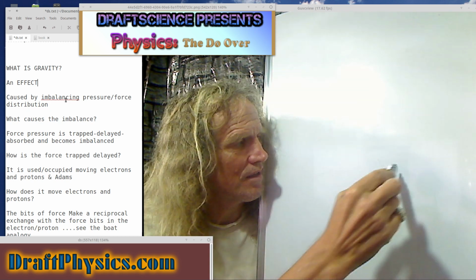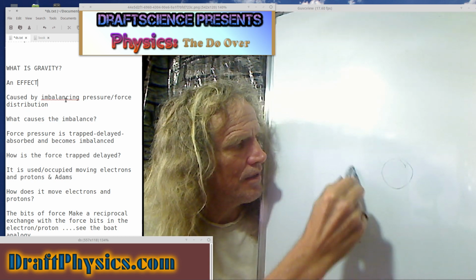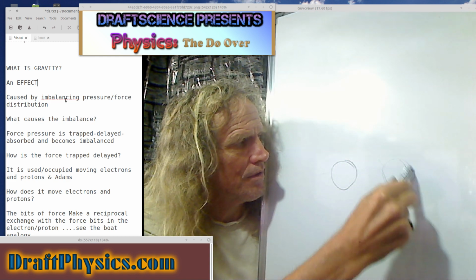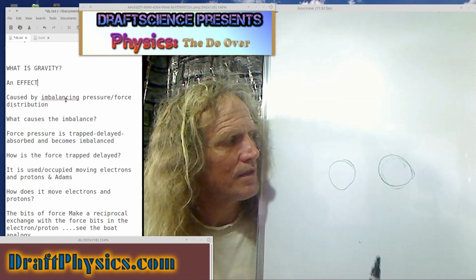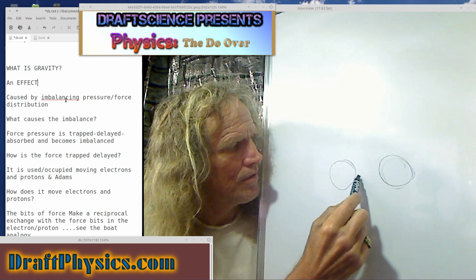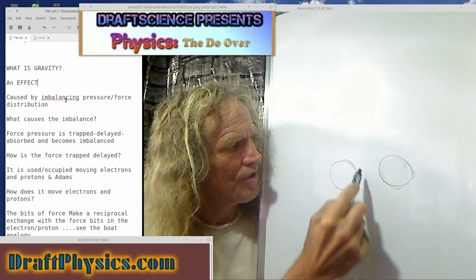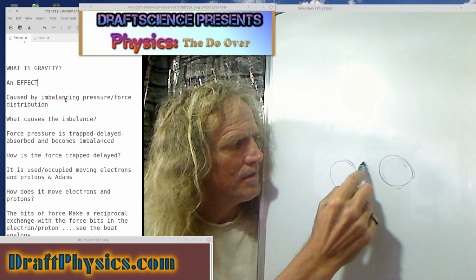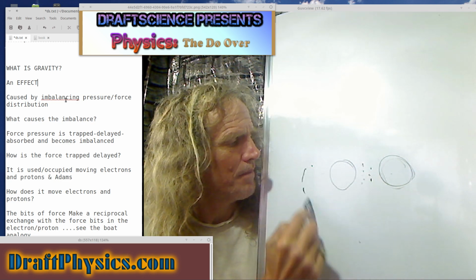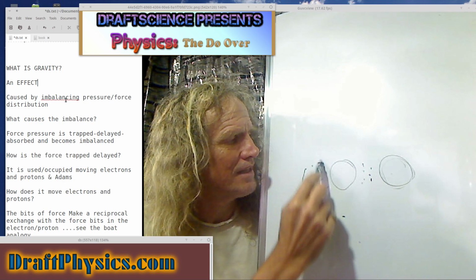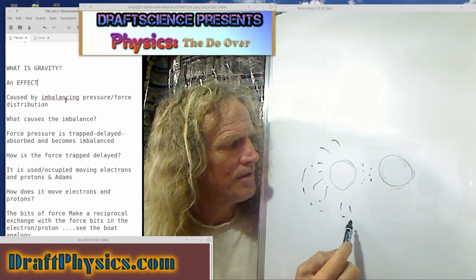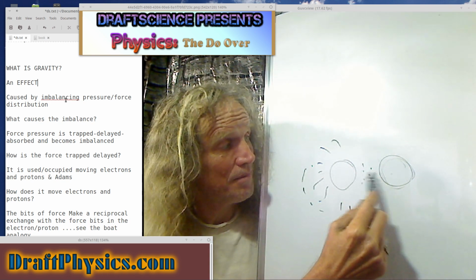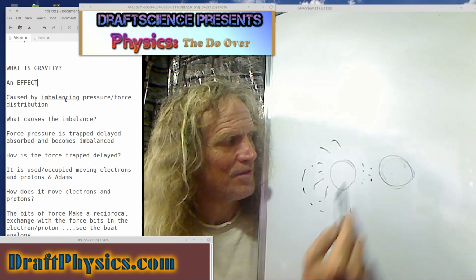So all you're saying is there are two objects here in the universe, and gravity is going to be a consequence of the fact that this thing is going to change the environment here. It really can't change the environment out here, so it can't change what I see from this part of the universe, but it's going to change what I see from this part of the universe.